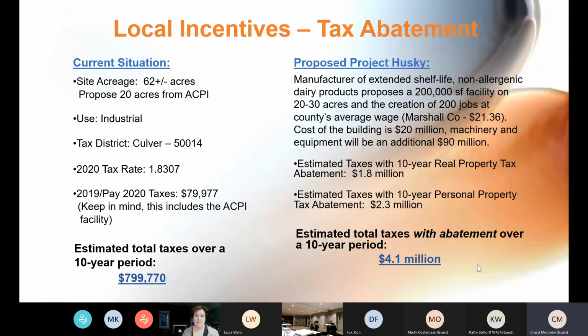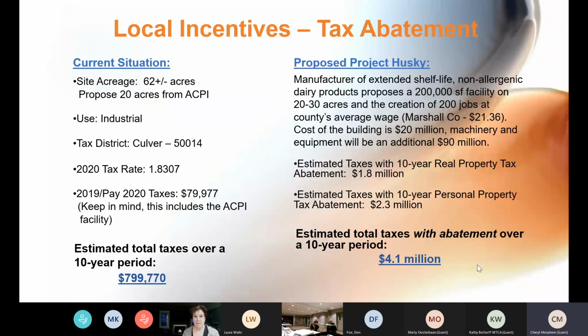So you're really trying to look at the present value of money. So you can see that if you add those together, 10 years, that tax revenue with an abatement for a 20-acre site to go after Project Husky could conservatively generate $4.1 million in taxes for that TIF district.